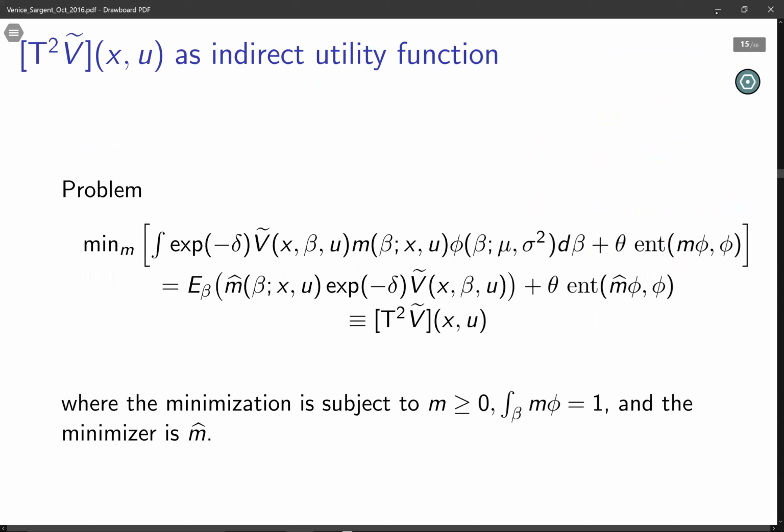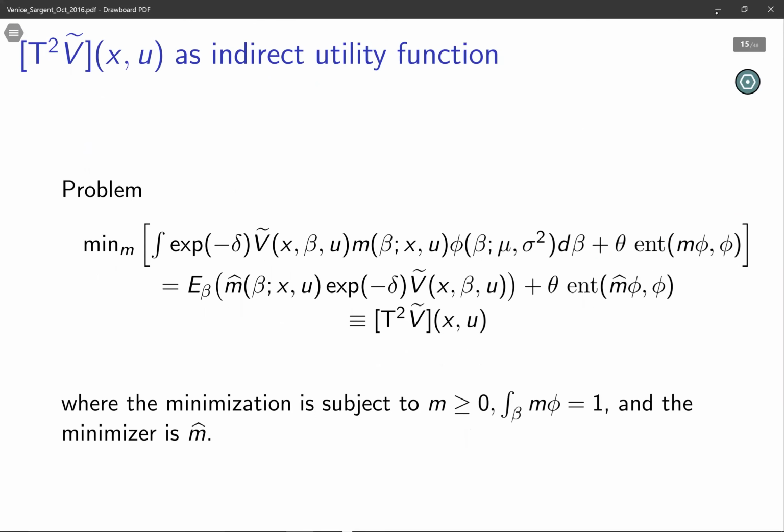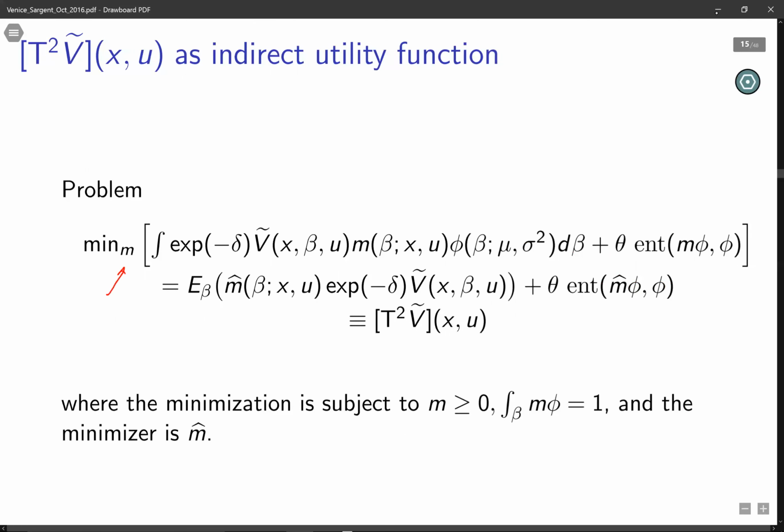Okay, so this T2 operator. Why the T? Because there was a T1 operator. I'm going to tell you about that a little later. This operator is just going to be an indirect utility function. We're going to impose the following problem. We're going to choose M, remember that's a likelihood ratio, to minimize the expected value of the criterion we want to maximize.